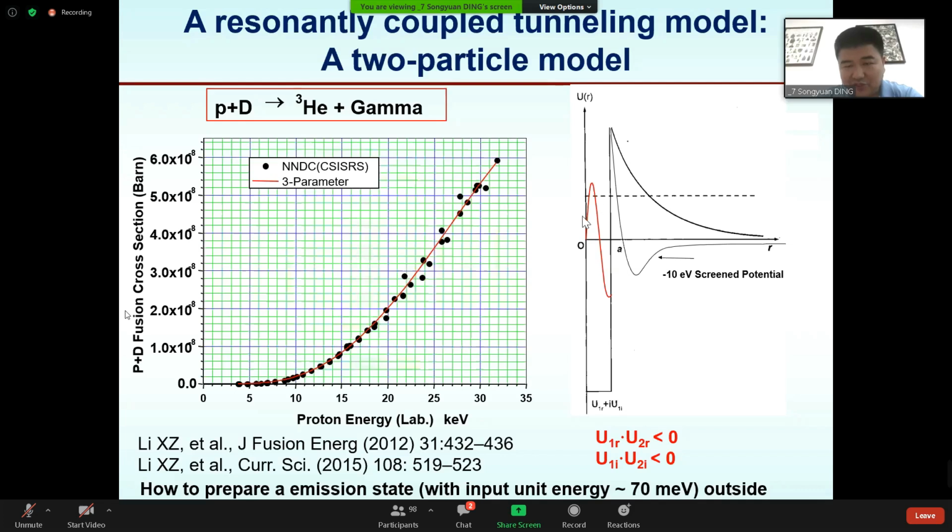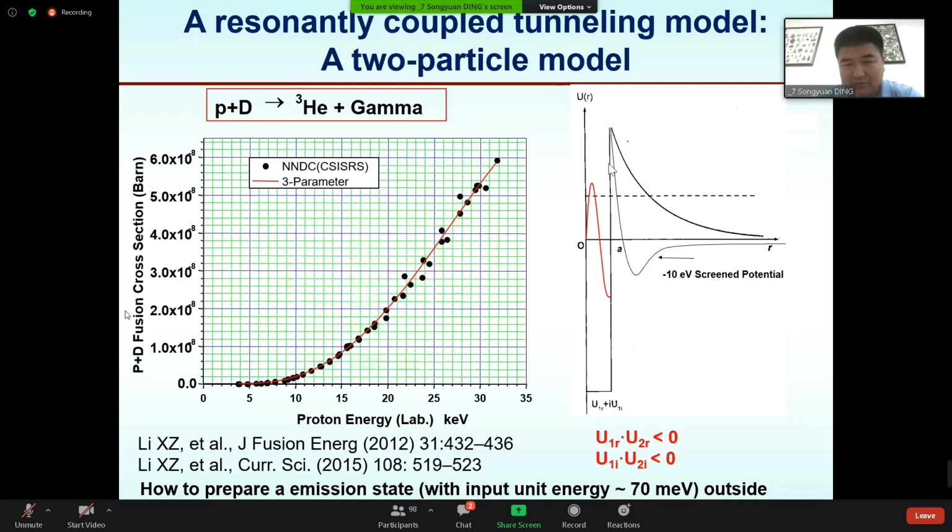In the nuclear region, it has a real part, which should be negative, and the imaginary part is positive.